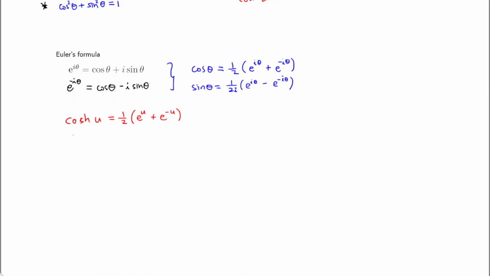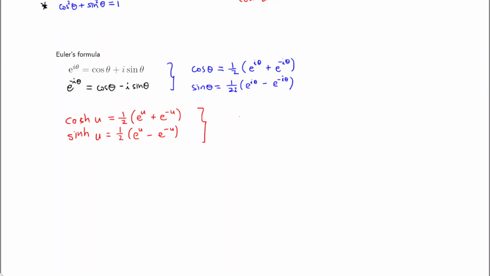So cosh u, I'm going to say, is 1/2 (e to the u plus e to the minus u), and sinh u is 1/2 (e to the u minus e to the minus u). Now what you can do here is go in reverse, compared to what we did in the blue up there. You can treat e to the u and e to the minus u as the variables, and think of these as two equations and two unknowns.